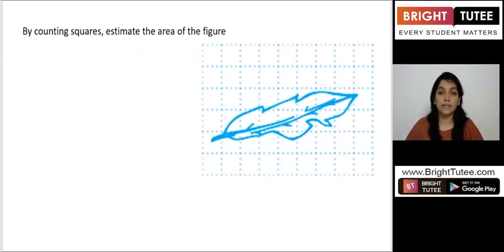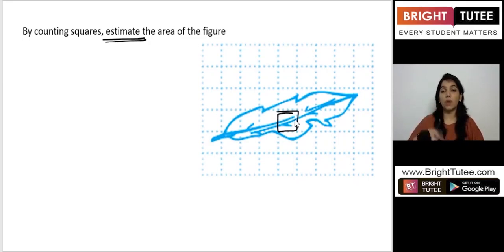Here it says, by counting squares, estimate the area of the figure. Again, I'm highlighting this point, estimating the area, okay? Here I can see there's only one square that is the complete square, this one here. Only this particular square is complete. Now look how we are doing this particular question.